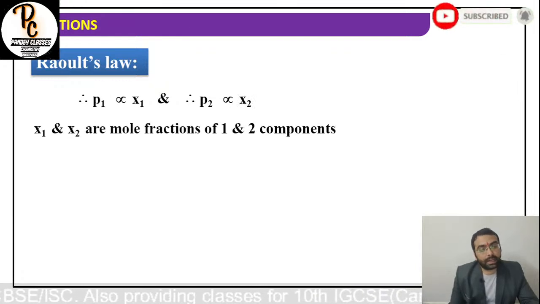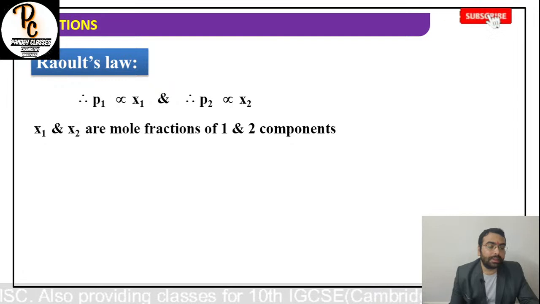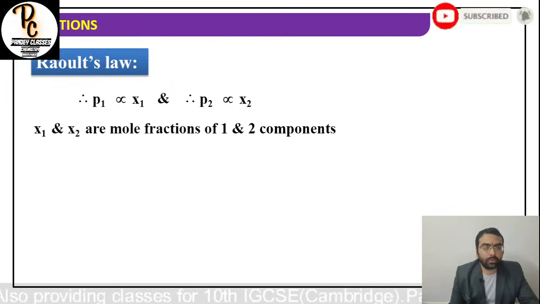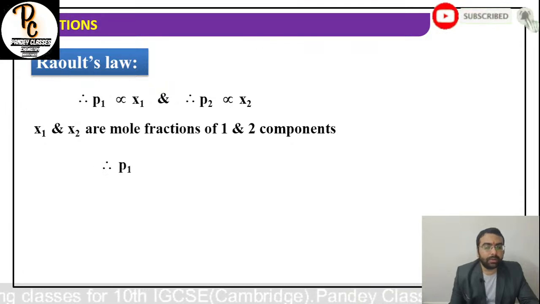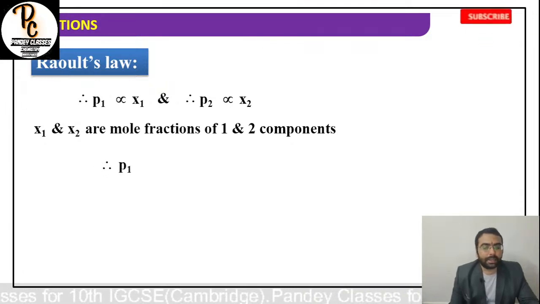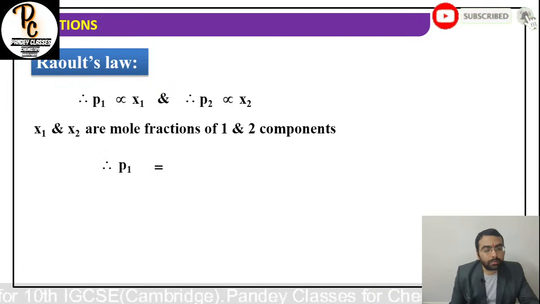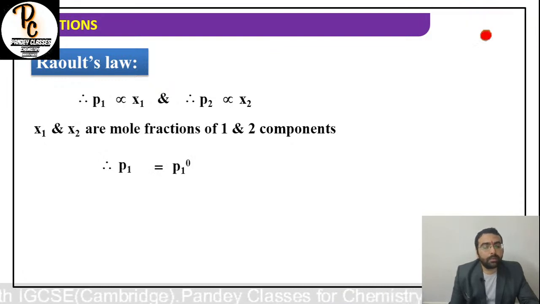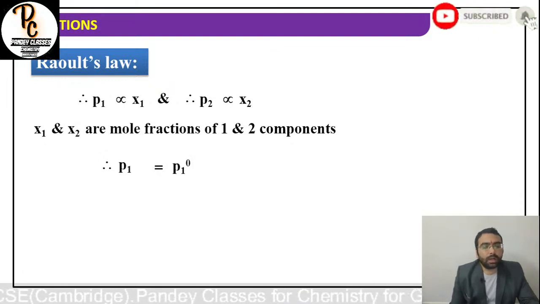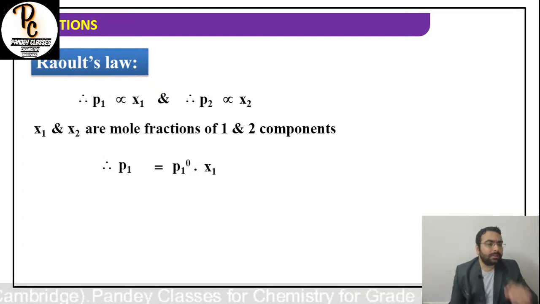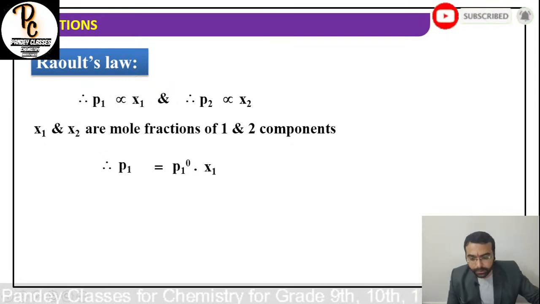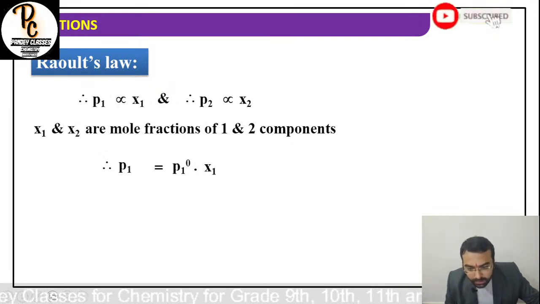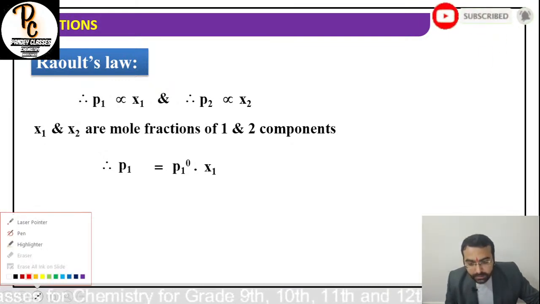Chi1 and chi2 are the mole fractions, and we have to find the total number of moles here. How can we find it? Simply chi1 plus chi2. So P1 equals what? P1 equals P1 naught into chi1. What is this P1 naught? If we talk about this P1 naught, just a second.